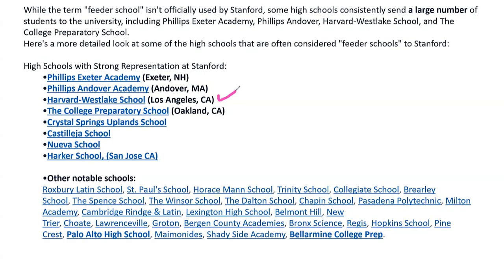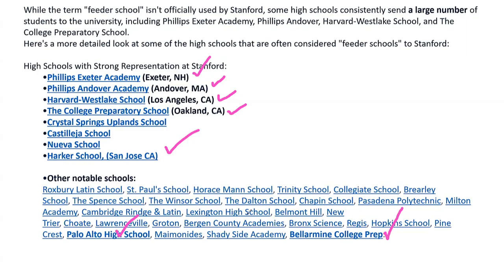Los Angeles Harvard-Westlake School, Oakland College Prep, Massachusetts Phillips Andover, New Hampshire Phillips Exeter, and San Jose Harker School, San Jose Bellarmine College Prep, Palo Alto High School, Gunn High School, Menlo School, Menlo-Atherton.